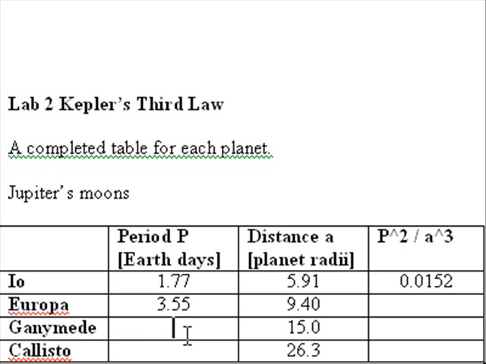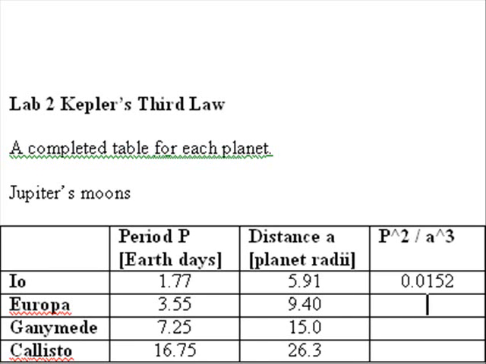So here you would actually have to enter those data. We said 7.25 days for Ganymede and 16.75 days for Callisto. And now we need to make the calculations over here. We need to be looking at the numbers that we need here and plug them in according to p squared over a cubed.